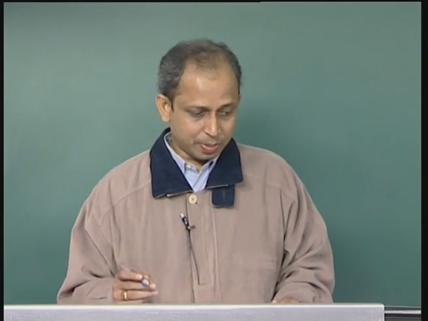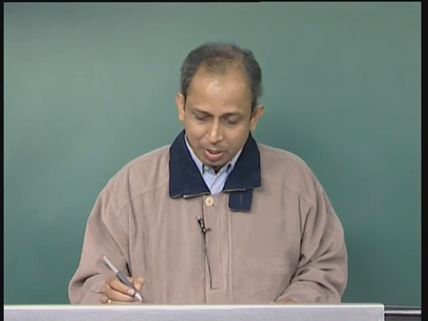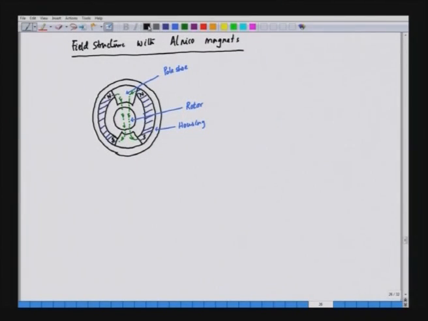And another structure can be like this. We have again long magnets, and these magnets are rectangular magnets. These magnets are like this.